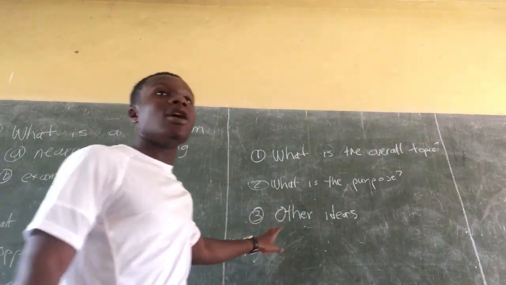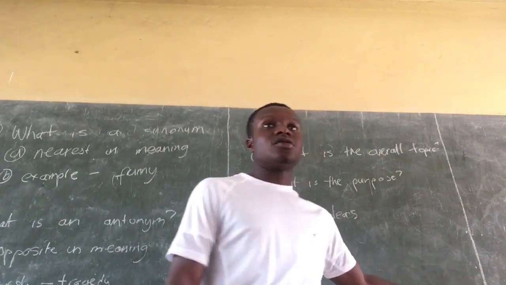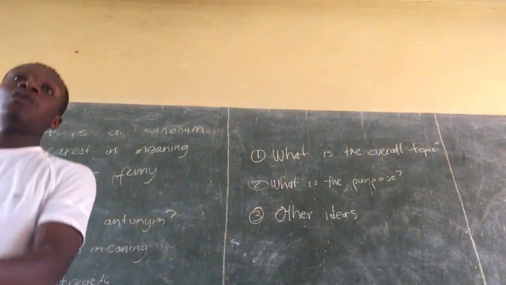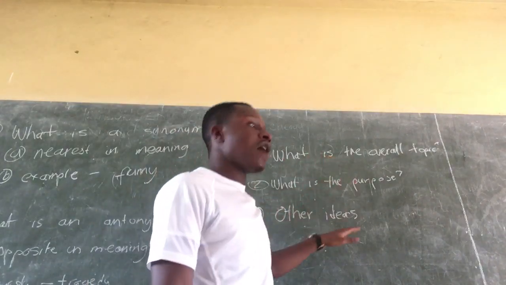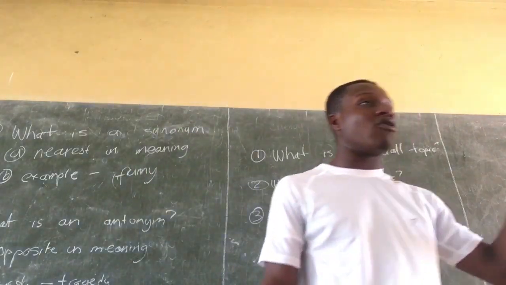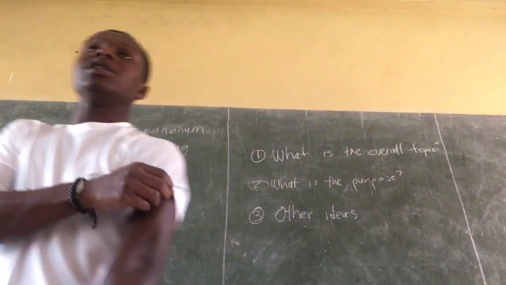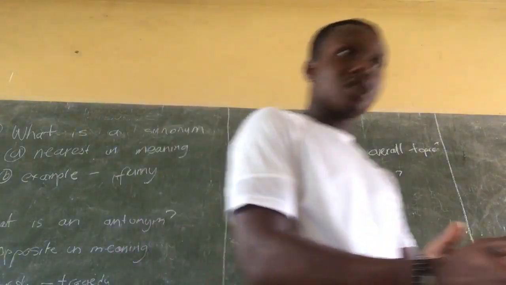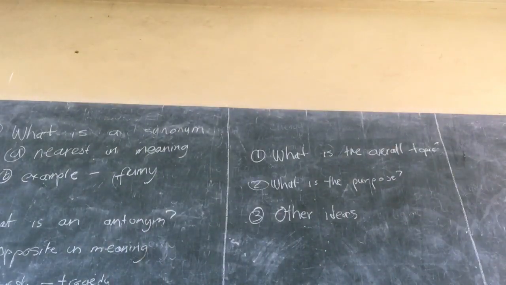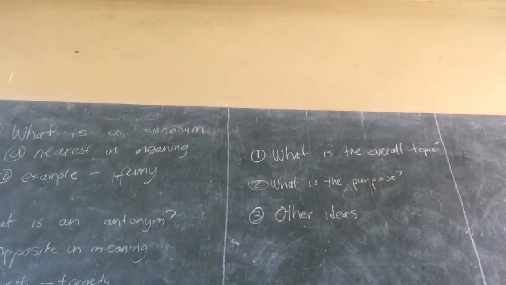Okay. Any other ideas? So, yeah, we know what the purpose is and we know what the overall topic was. Do we have any other ideas from what I read? Anything else that I read that you remember? Go on. You can try. Yes, that was one thing. I listed a bunch of things, yes?